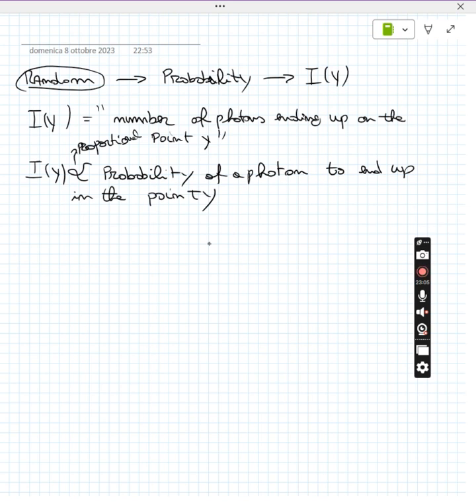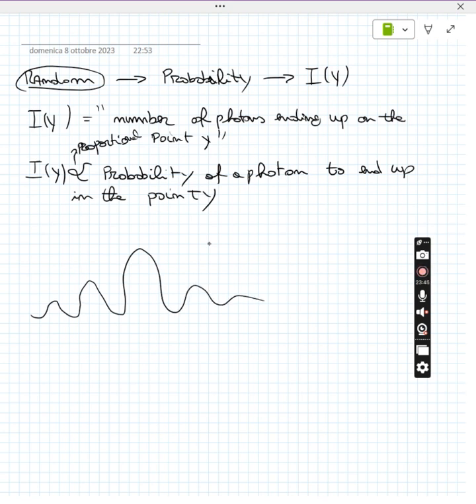And in an extreme setting, when you can send a light so feeble that you are sure there are really few photons passing through the slits, it happens that on the screen only one point gets illuminated at a time. So you can say that you have realized an emission of single photons. But if you keep this running for a long period of time, at the end you will collect the same interference pattern. Okay.